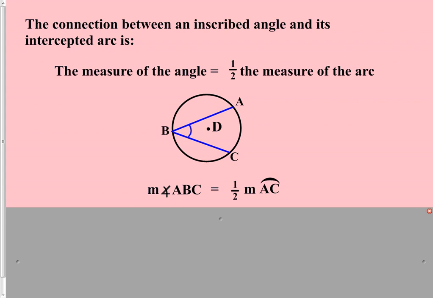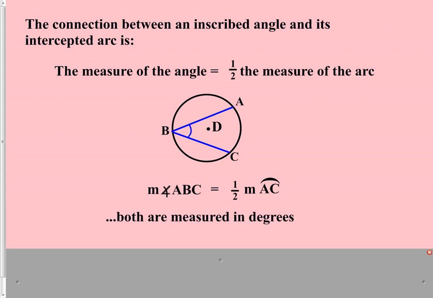So two different ways of thinking of the same thing. It's just an issue of whether you want the 1/2 over on the right, or if you want to multiply both sides by 2 and have the constant over on the left side. Either way would get the same thing. And keep in mind that our angle measurements and our arc measurements are still both going to be measured in degrees.